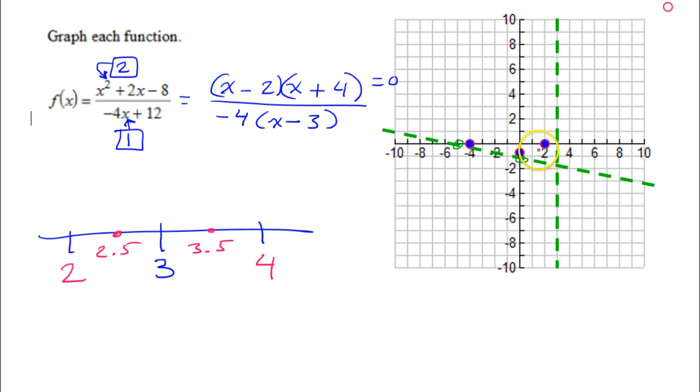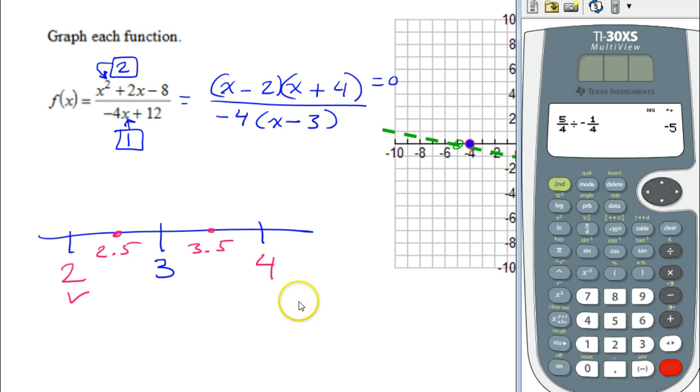Now we already have the value of 2, because 2 was our y-intercept, so let's move on to 2.5.